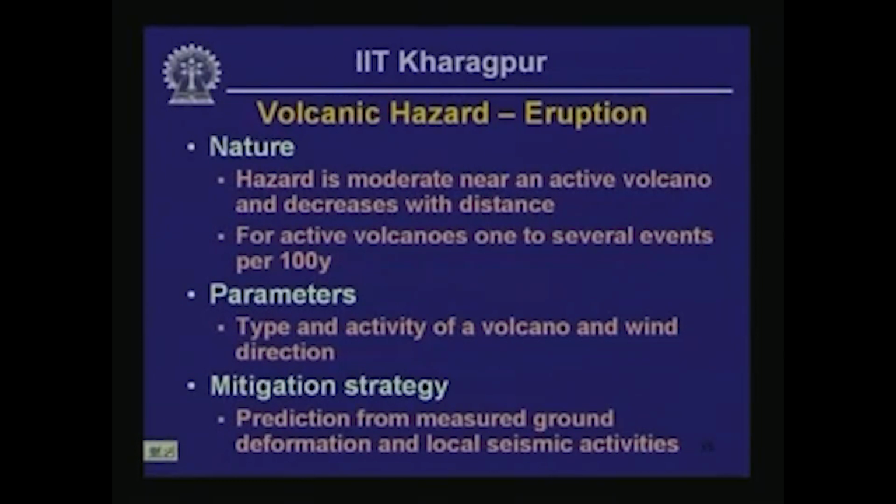Mitigation strategy in this regard includes prediction of when an eruption is going to occur, or an approximate time frame when an eruption is likely. The prediction is typically done based on ground deformation measurement, tilt measurement, and local seismic activities.